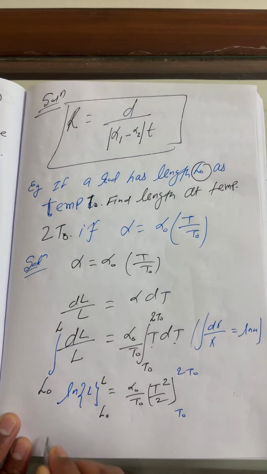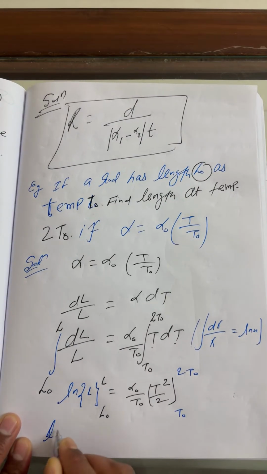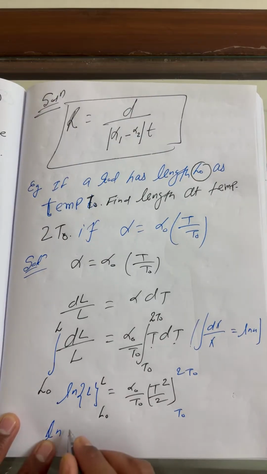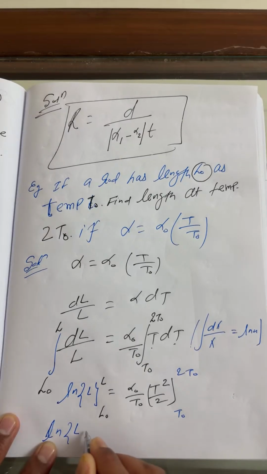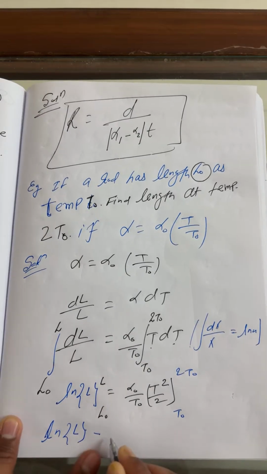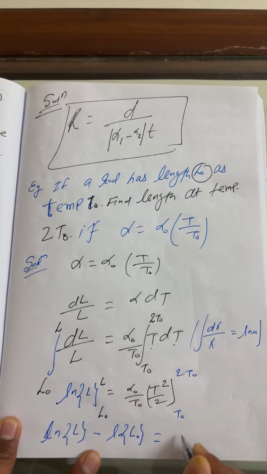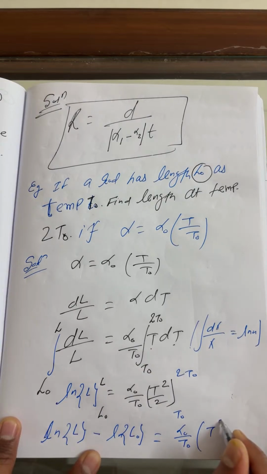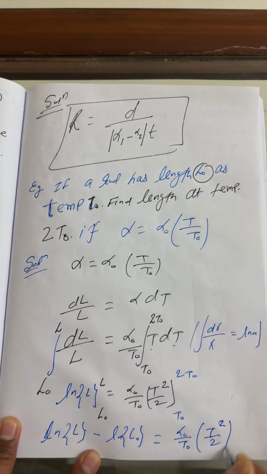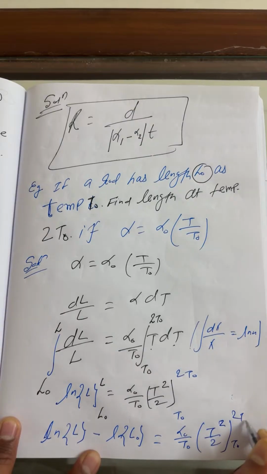So you can write ln of the upper limit minus ln of the lower limit. So ln L upon L naught is equal to alpha naught upon T naught, into T square by 2, which is T naught into 2 T naught.